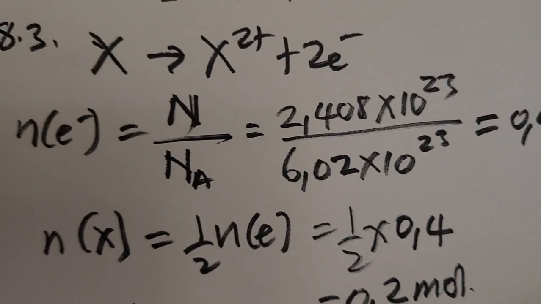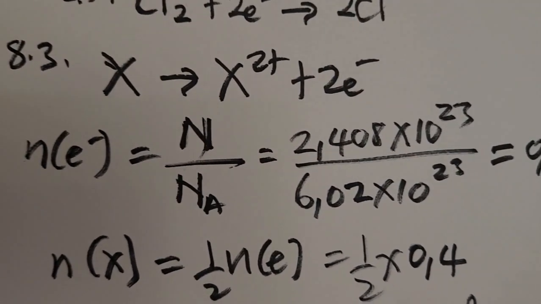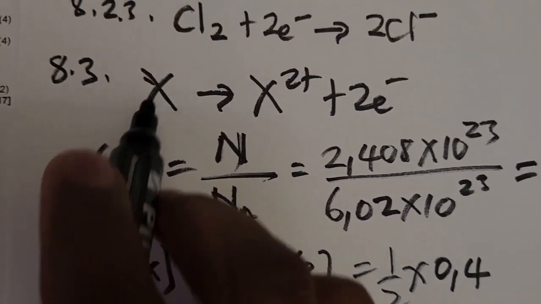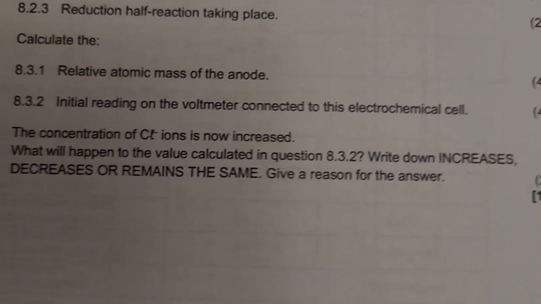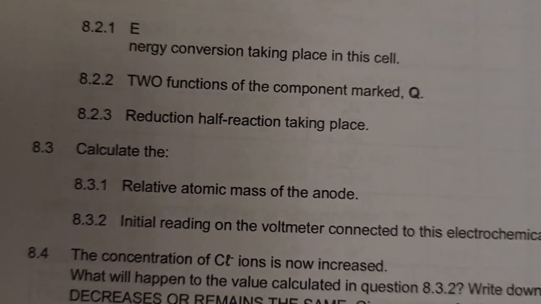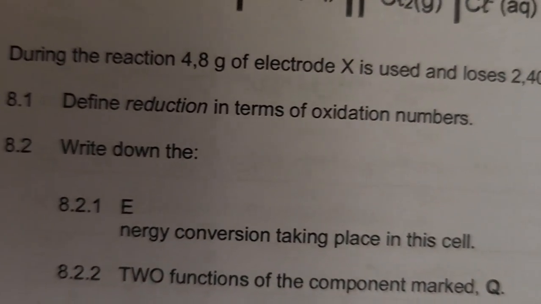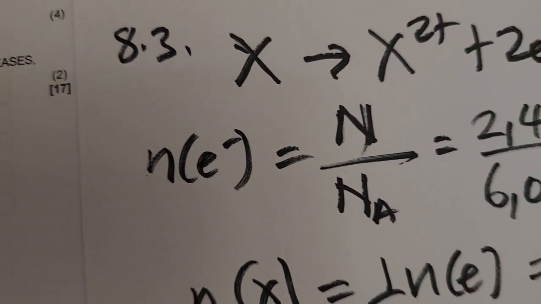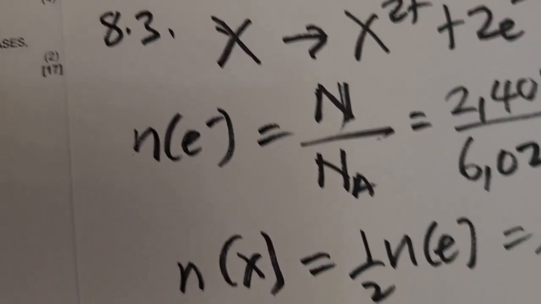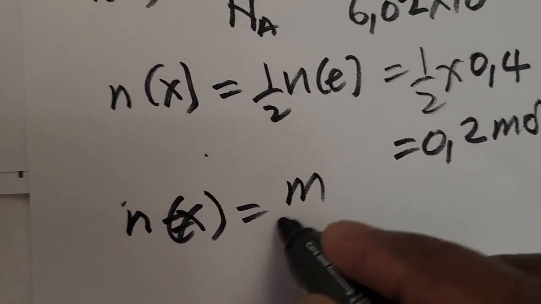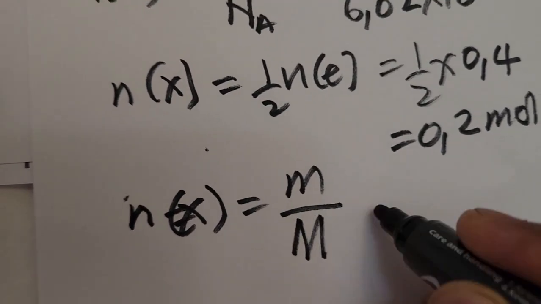Fine. Now we have got 0.2. We can calculate the molar mass now. The number of moles of X, which loses, according to the statement, 4.8 grams. Number of moles of X is given by mass over molar mass.